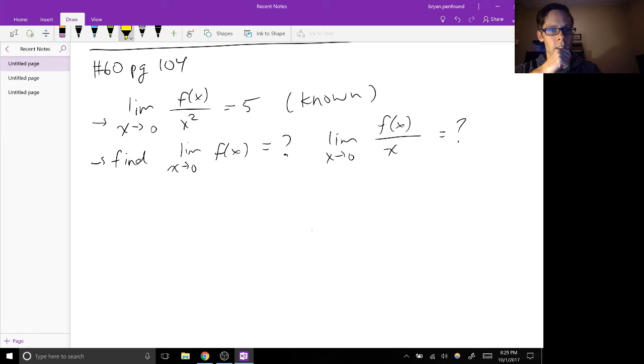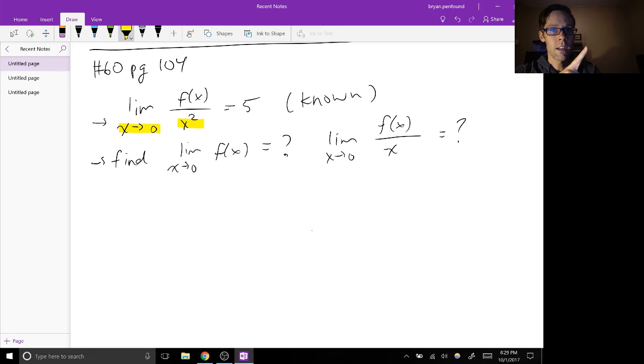If I were to directly sub 0 into this limit, I'm going to get division by 0 in the denominator. So that means one of two things is going to happen here. At 0, either I have a hole in the function, or I have a vertical asymptote. One of two things. Okay, that's what happens when I get division by 0.